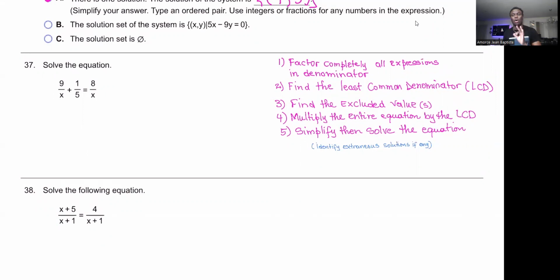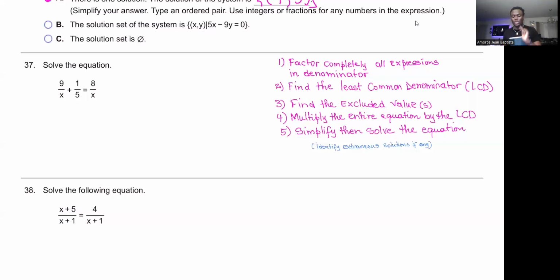Factor completely all expressions in the denominator. I'm not talking about the numerator, I'm saying denominator. If they are already factored, that means you have only linear expressions, monomials, or expressions that you cannot factor.